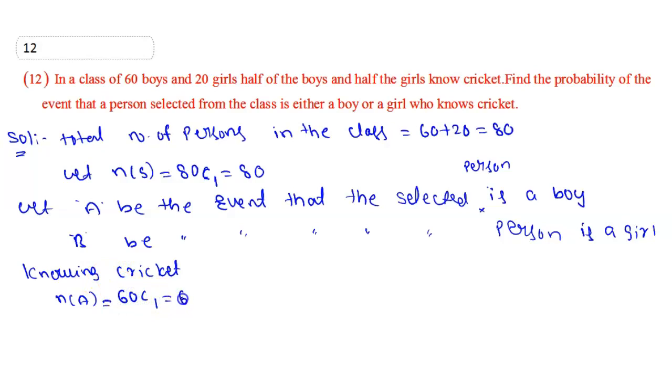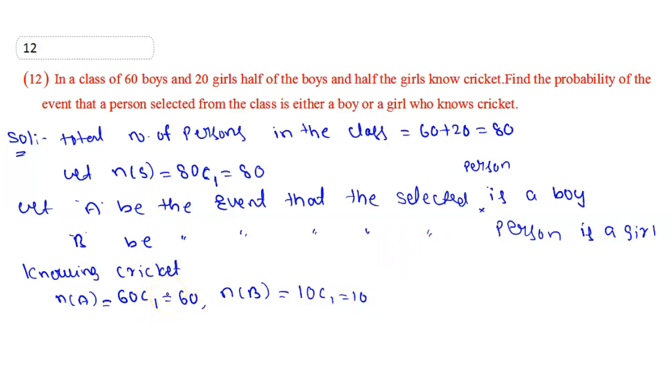That is equal to 60, and n of B is equal to, total 20 girls are there. In that, half of the boys and girls know cricket. So here for n of B I am taking 10C1, because a girl who knows cricket, that girl only I am taking, right? So n of B is equal to 10C1, right?